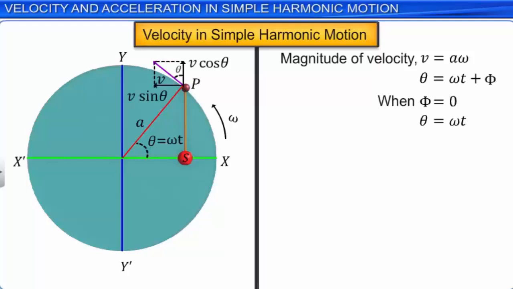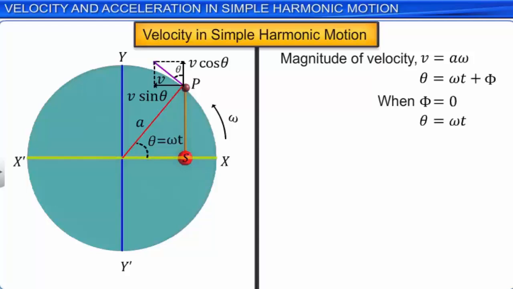Then, the component v sin theta represents the velocity of the projection, which is executing simple harmonic motion on the diameter along the x-axis.